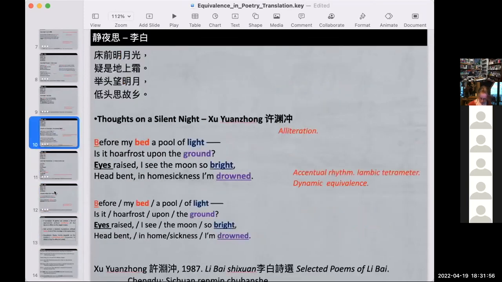Well, you see, actually, I like his translation, even though modern English readers don't care much about this kind of formal and traditional rhythm. They don't care much, because even nowadays, English and American poets, when they write poetry, they don't write this way.